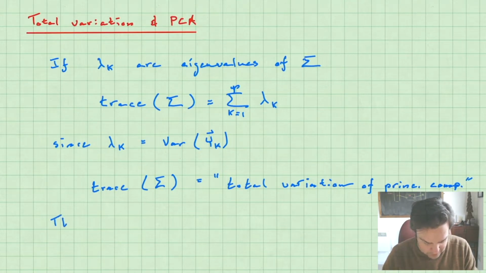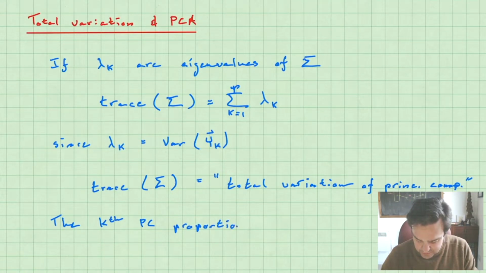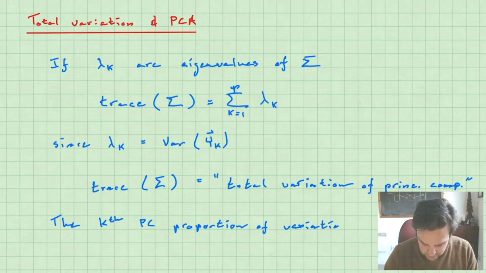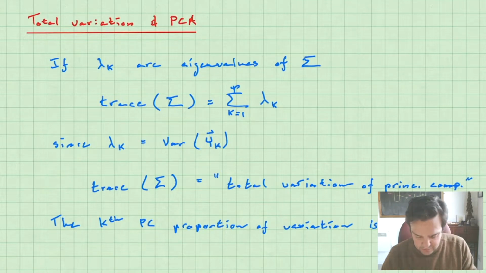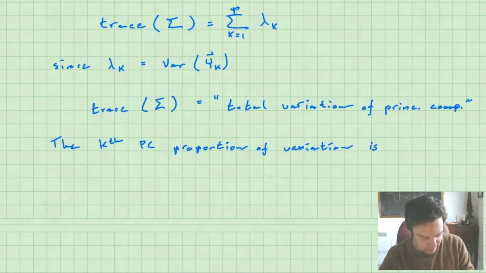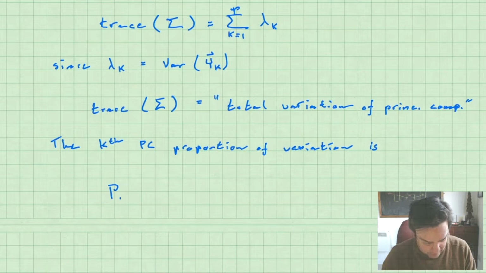So the kth PC axis's proportion of total variance, or proportion of variation, is the following. We'll call that P sub k, a different P from the one that labels the number of variables, so you have to be a little careful with that.